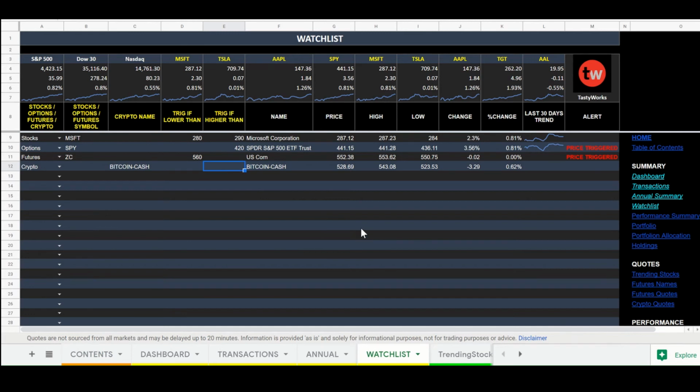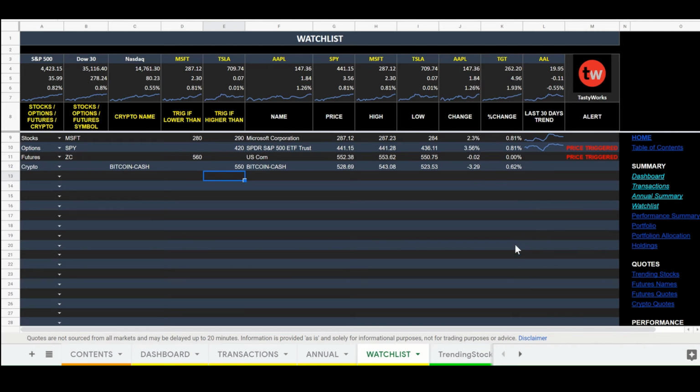Let's say trigger here if the price is higher than 550, but the price is not higher than 550, so it's not triggered. Now you can have a lower trigger like this one and also a high trigger. So if either one of those gets triggered, you get an alert right here.